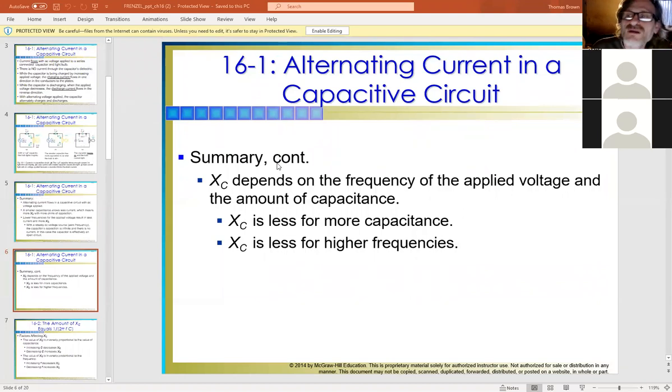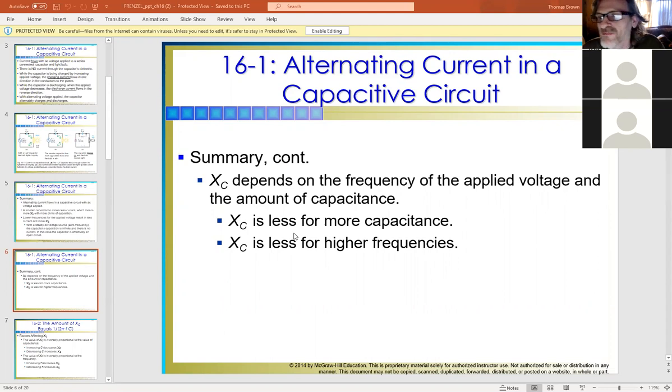So here's a summary looking back at this very first section. What do we know now? That X of C depends on the frequency of the applied voltage and the amount of capacitance that is available. It's because of the fraction: you have 1 over 2 pi FC, which means that any changes you make to either capacitance or frequency inversely affect the value.